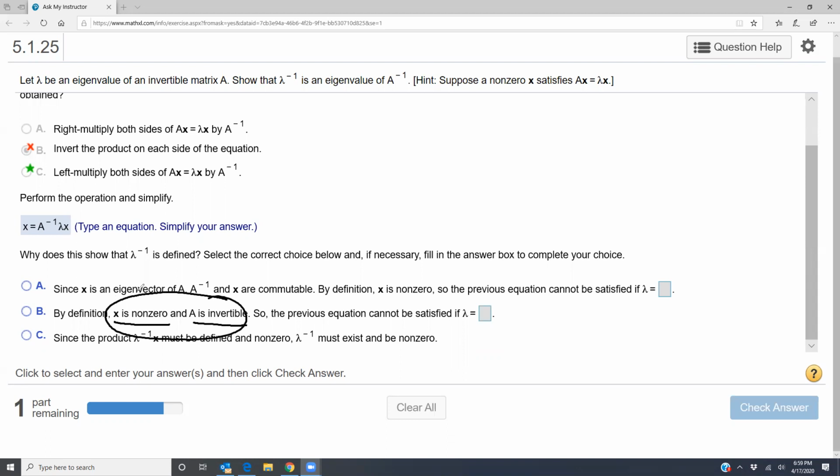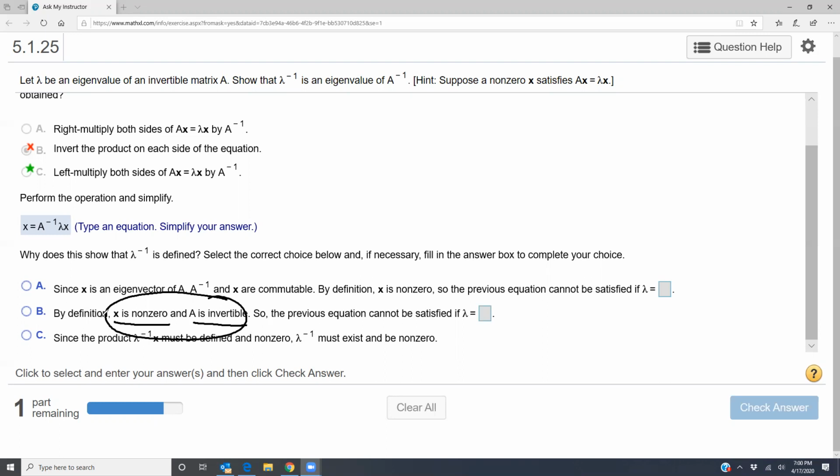Now in the other choices, in choice A, it says A inverse and x are commutable. No, that would not work because the size wouldn't match up if you commuted for multiplying the two. And C says, since the product lambda to the negative 1 x must be defined and non-zero, lambda to the negative 1 must exist and be non-zero. Now, the product being defined, we're not told that, and so we're not going to select that option.